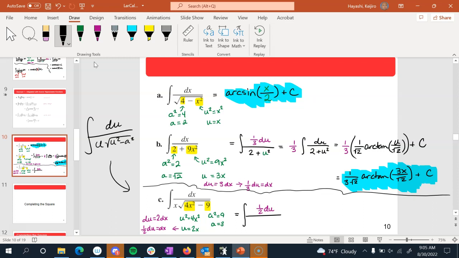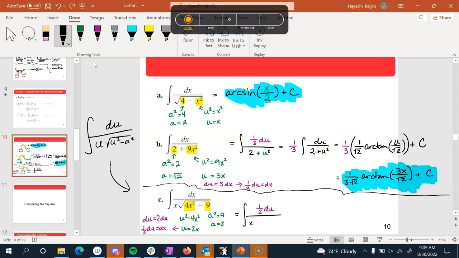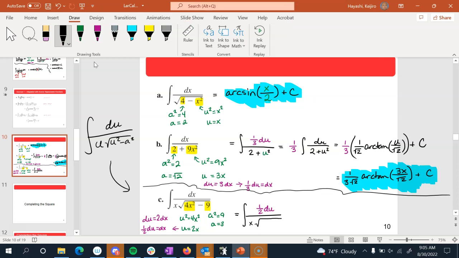What should we do to this x? I don't really know what to do with this x, so I'm just going to write an x for now. I mean, I actually do know what to do with it, but let's just pretend. Now 4x squared minus 9, that's the u squared minus a squared part.